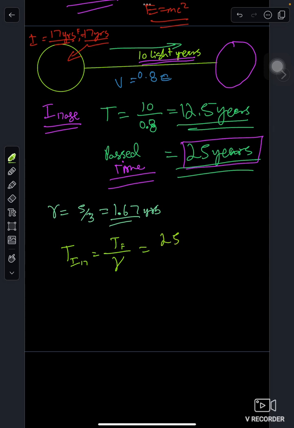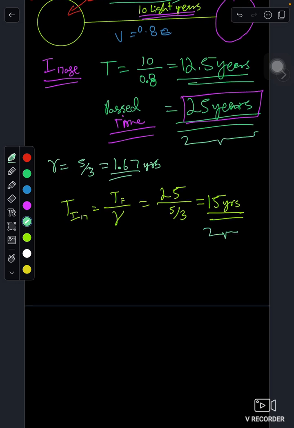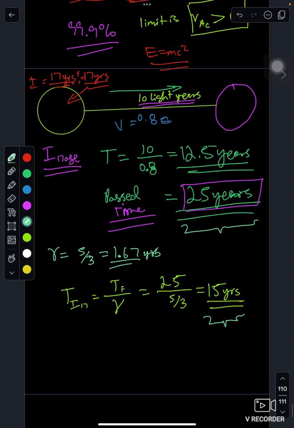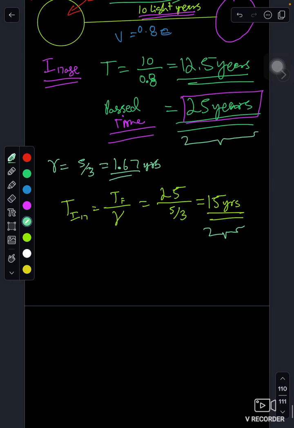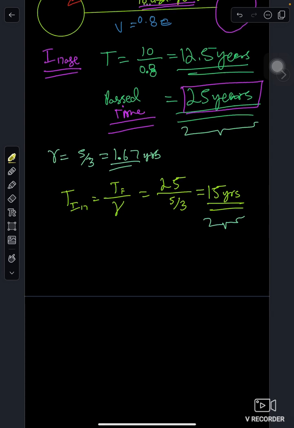Time for friend is 25 over gamma, which is 5 by 3. So we get 15 years. That means 25 years on Earth for my friend is 15 years for me since I traveled out into space and returned back.